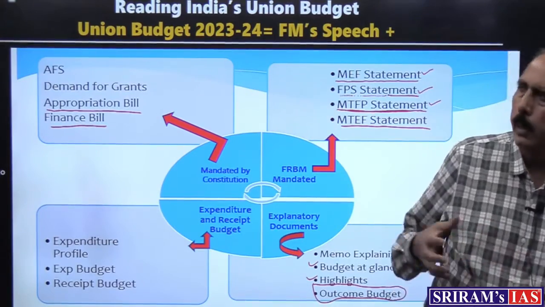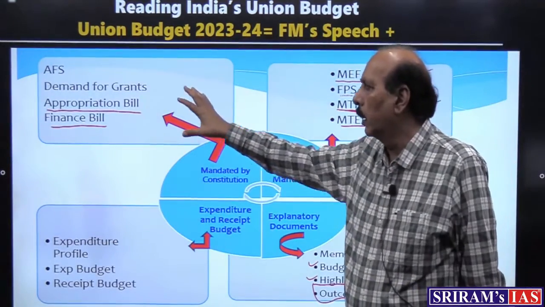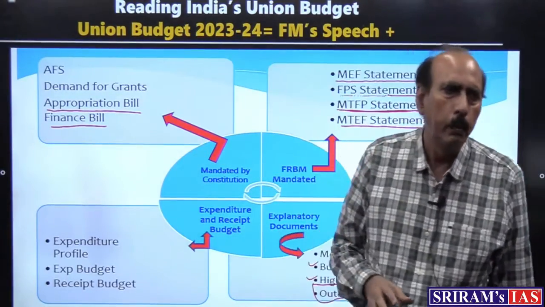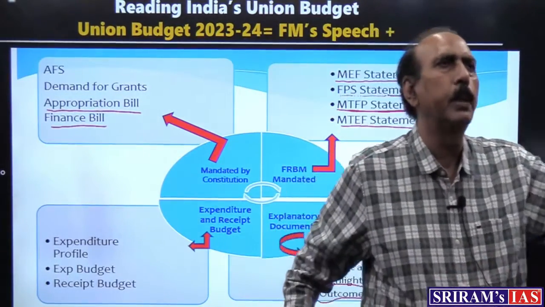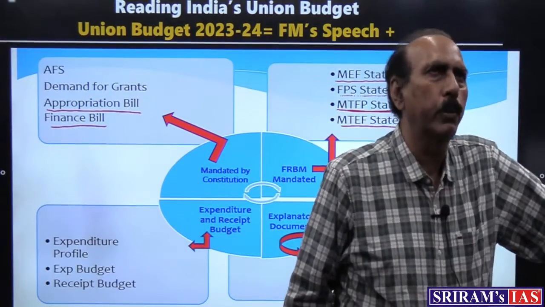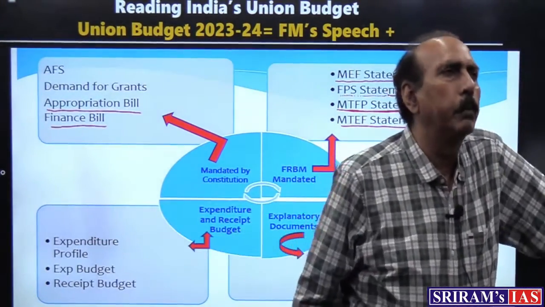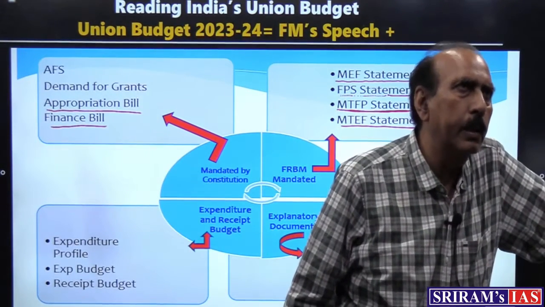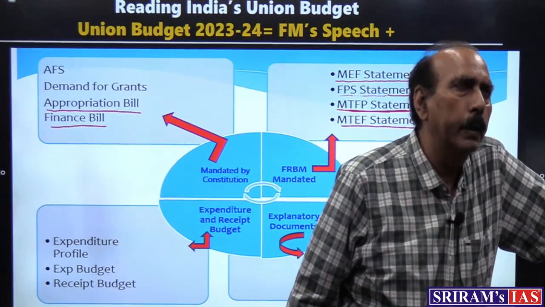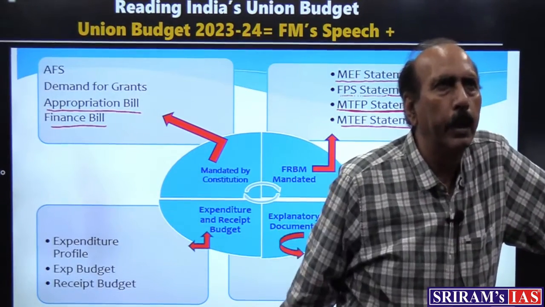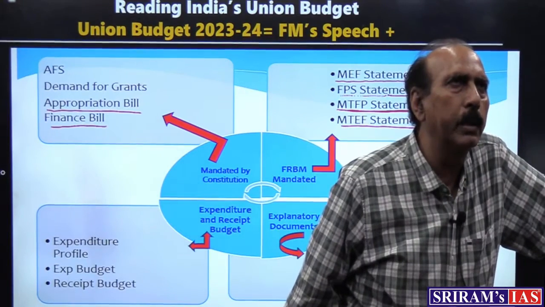In the budget, the ministry's summary is given in the demand for grants. Ministries also prepare their detailed demand for grants. The detailed demand for grants gives the ministry's expenditure up to the lowest level, and these are examined by the standing committees.